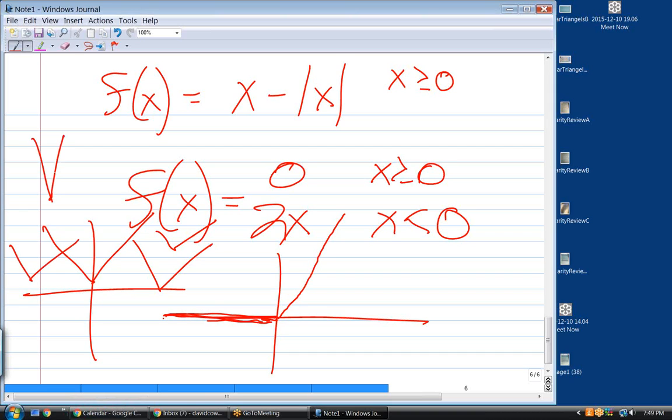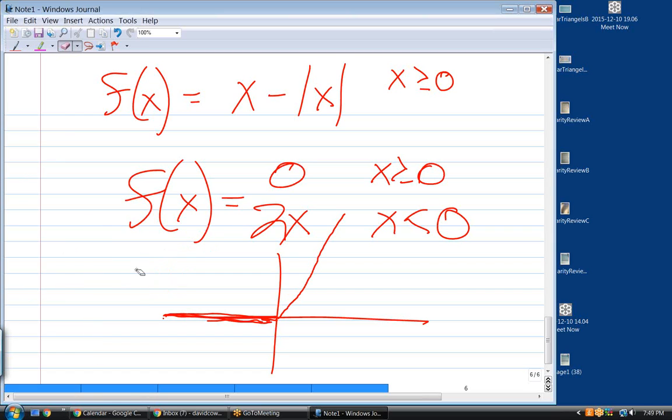This is unusual because it's a combination of a polynomial and an absolute value. And so the only way I can think of to graph that is to break it into a piecewise function. But that works.